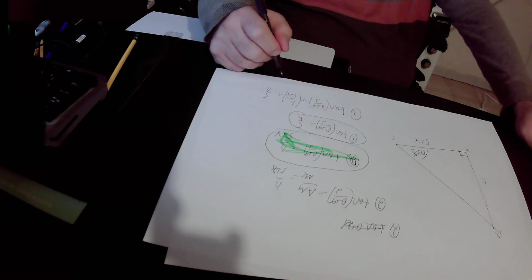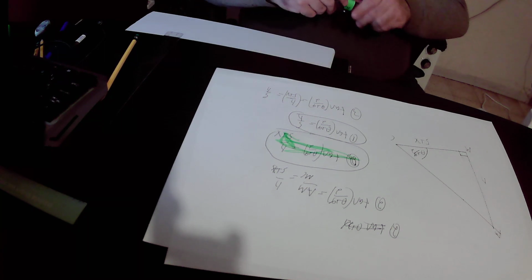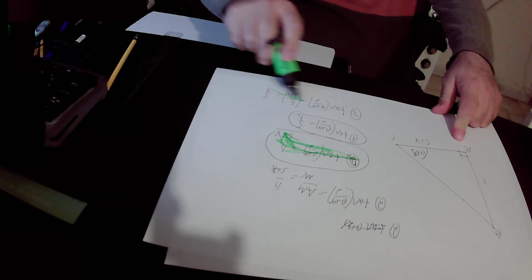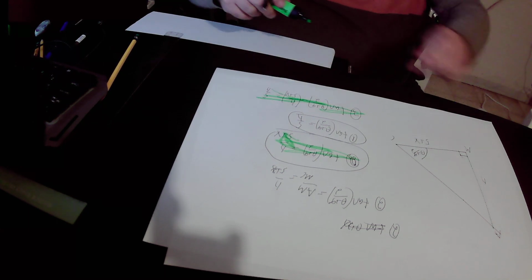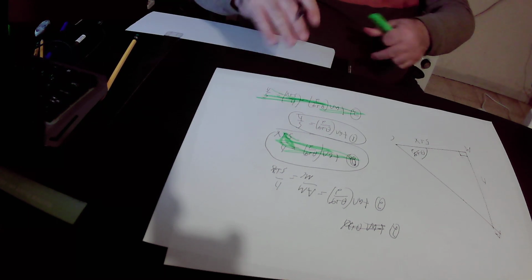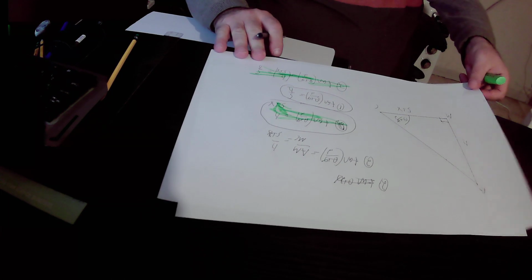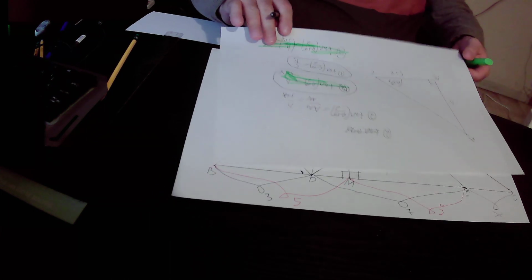So equation number 3 is the combination of equation number 1 with equation number 2. Then we find out the value of theta plus alpha over 2.